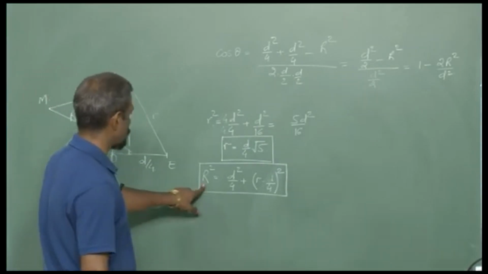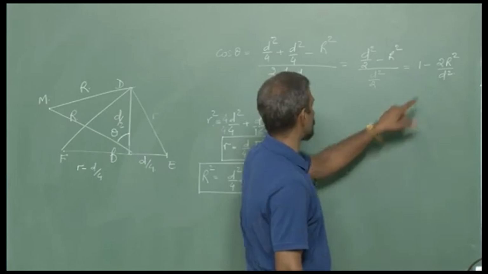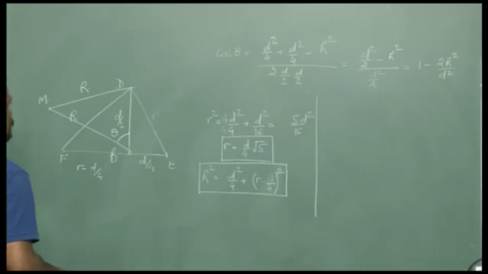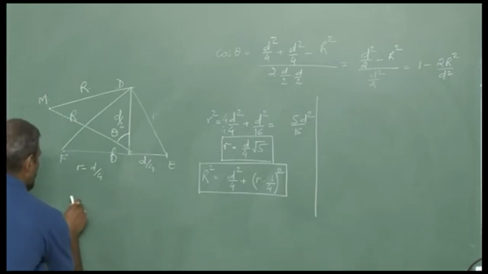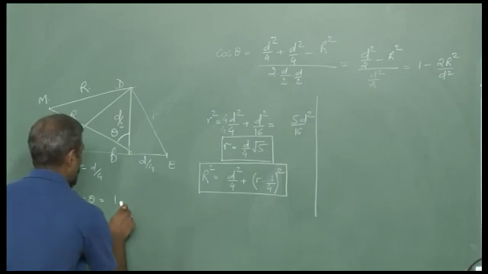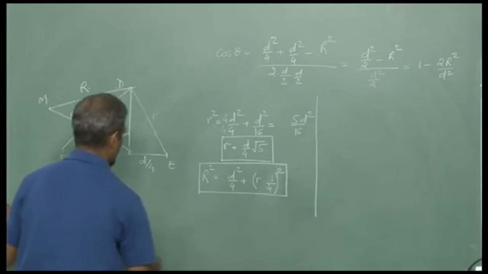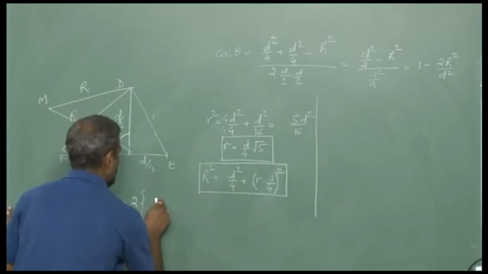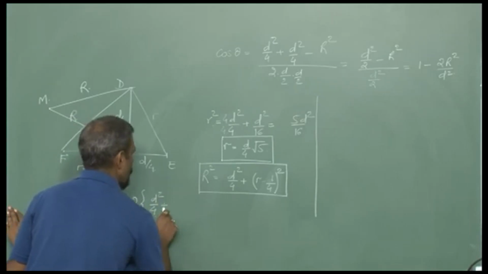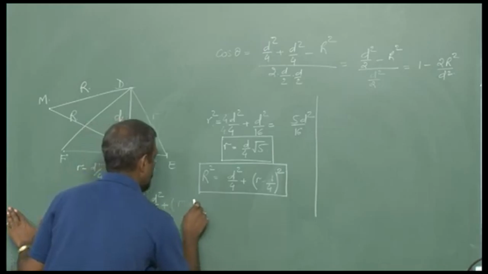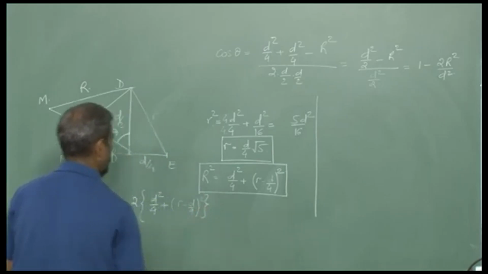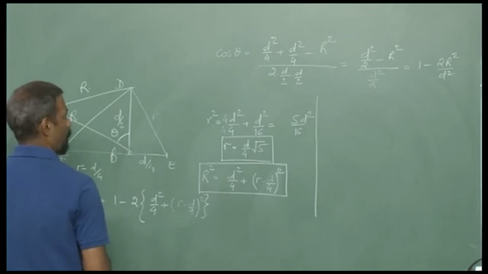I can substitute this value over here. So cosine of theta, let me write this thing down here, equals 1 minus 2 times R squared, which is d squared over 4 plus small r minus d over 4 the whole squared, over d squared.